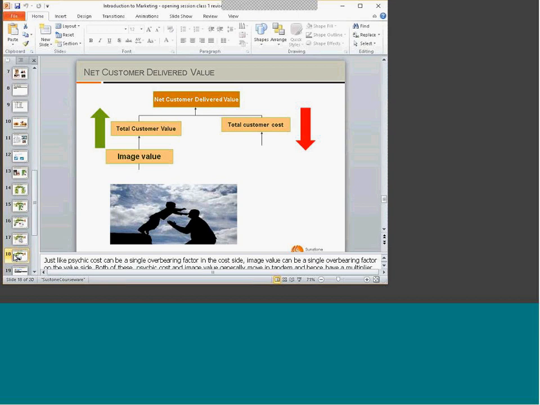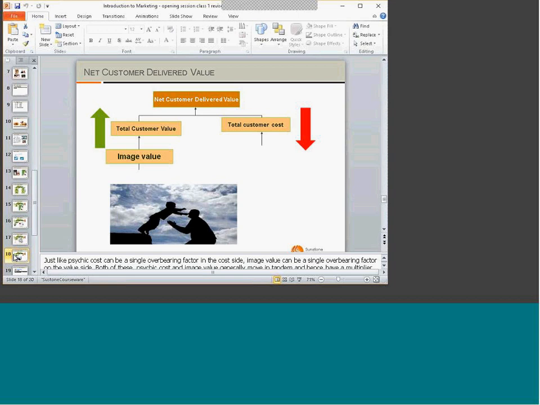The value is nothing but brand value, which means that a high brand value implies that over a period of time people have had consistent experience. Image value, psychic cost, or psychic cost for the competing brand.